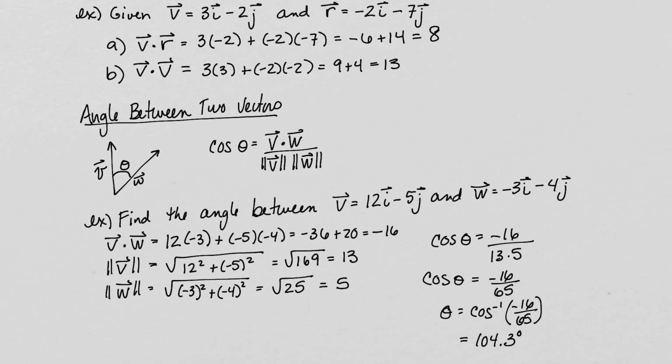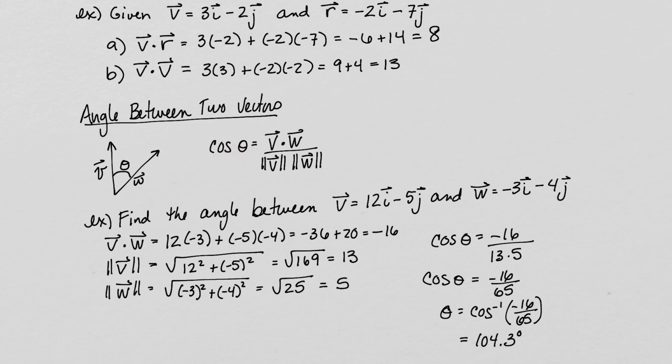Yes, if I gave you the angle and you drew a triangle, then the cosine is the adjacent over the hypotenuse. Here there's not a triangle. Here we're just dealing with two vectors, so I can't really relate it to the adjacent and the hypotenuse.